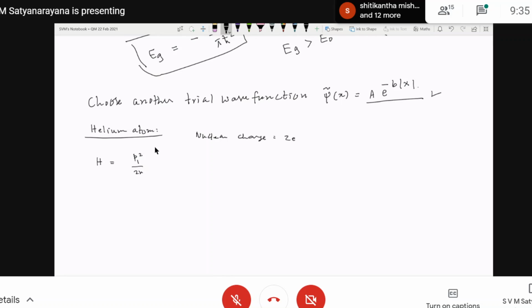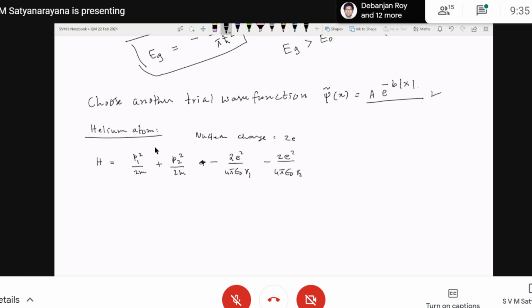So P1 square by 2m. Both are electrons, so let me not differentiate. So P2 square by 2m plus, the electron will have minus 2e square by 4 pi epsilon naught R1 minus 2e square by 4 pi epsilon naught R2.